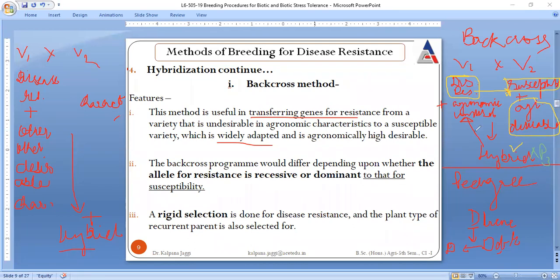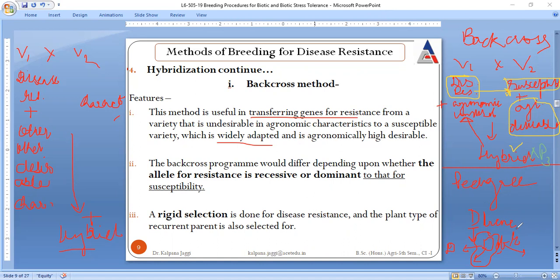But what kind of backcross method takes place depends upon whether the allele responsible for disease resistance is the dominant capital one, or the smaller recessive one. If the capital gene is responsible for disease resistance, then you have to prepare a backcross where the hybrid is crossed with the dominant parent.